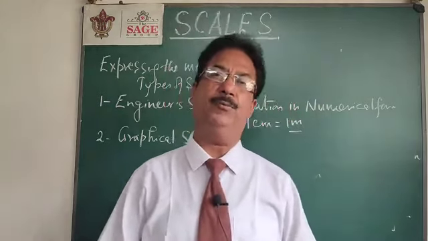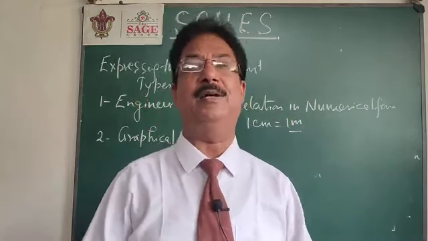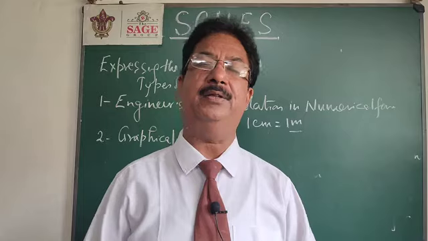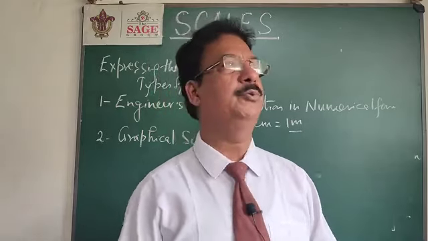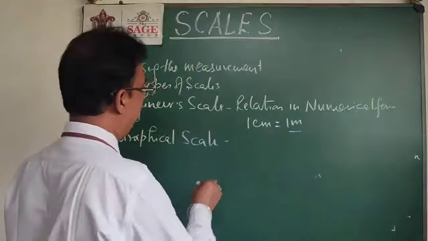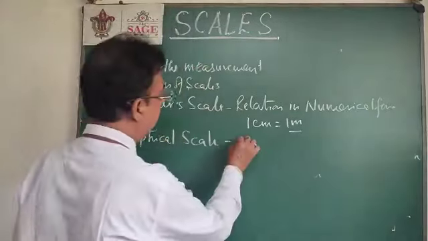As time goes on, that paper may shrink, and due to the weather, tear and wear and the shrinkage factor will be considered. So in a graphical scale, in the drawing itself we draw a scale.